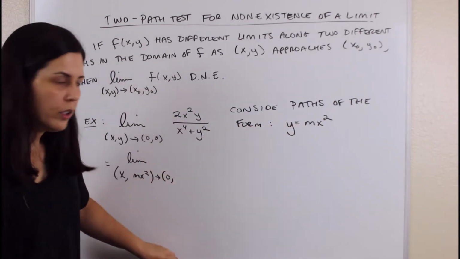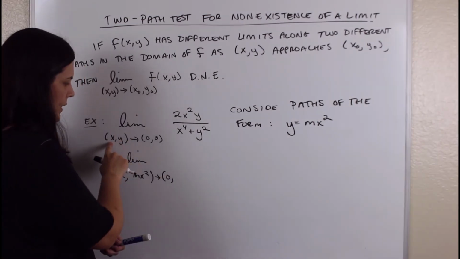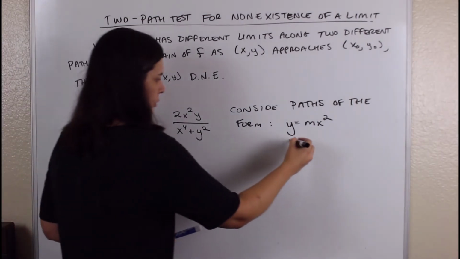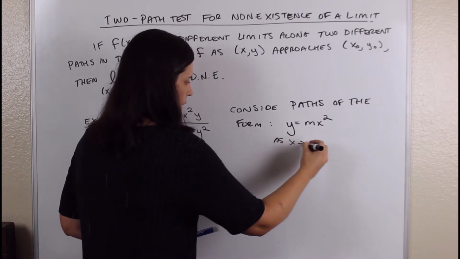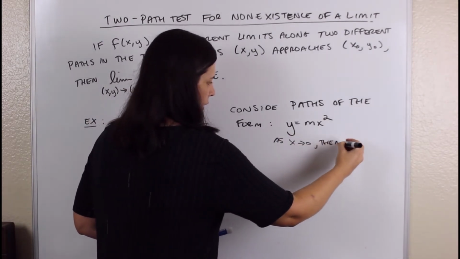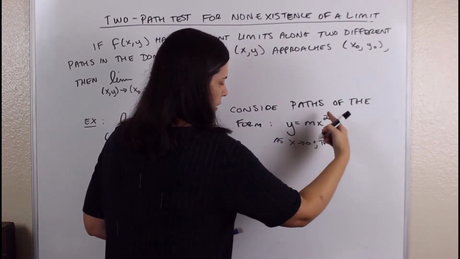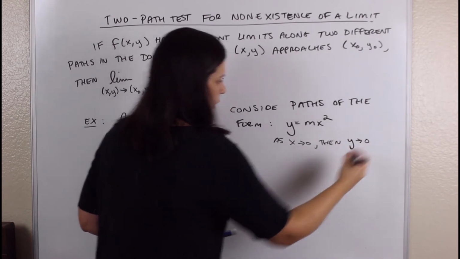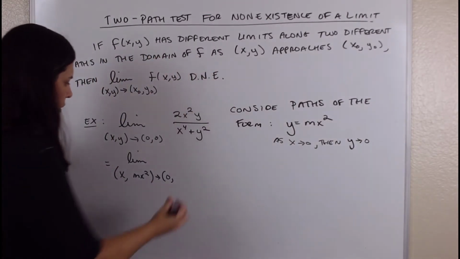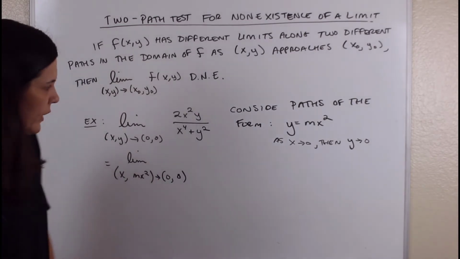You have to actually do the work over here to think about what this is. It's still 0, but let me just show you why. As x approaches 0, what does that say here? Plug in 0 here: m times 0 squared, so y is approaching 0. So this is still approaching 0, okay? But I'm just showing you that you have to actually think about that for a second.